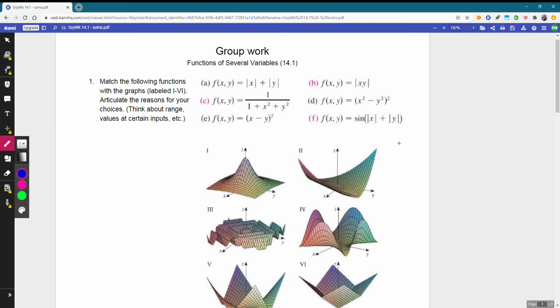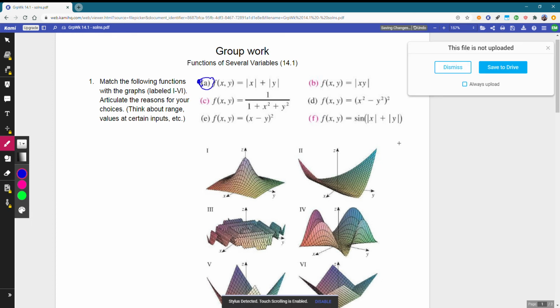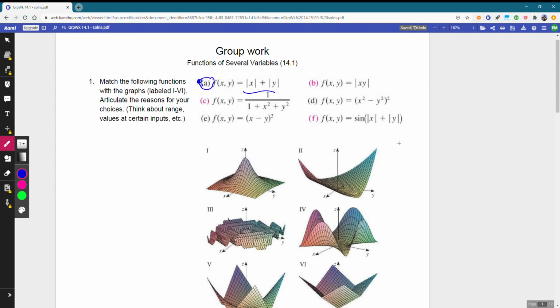So starting with function A, I got a sum of two absolute values here. One of the things that we can notice from this is that absolute values are always greater than or equal to 0. And so this thing is going to be always 0 or bigger.